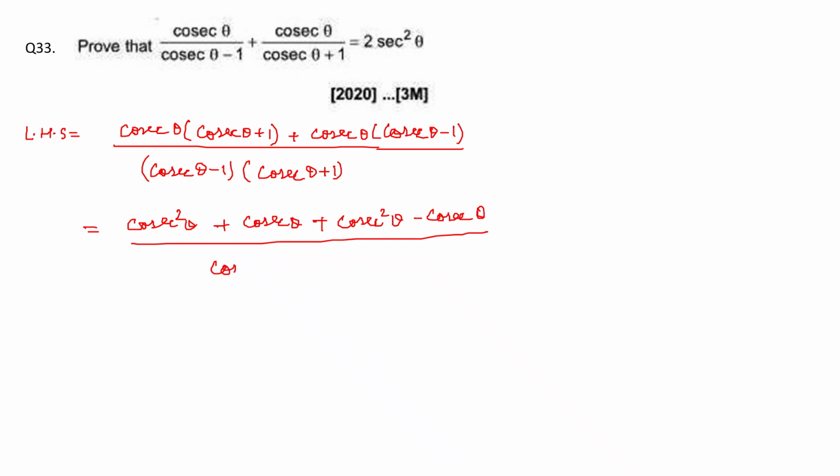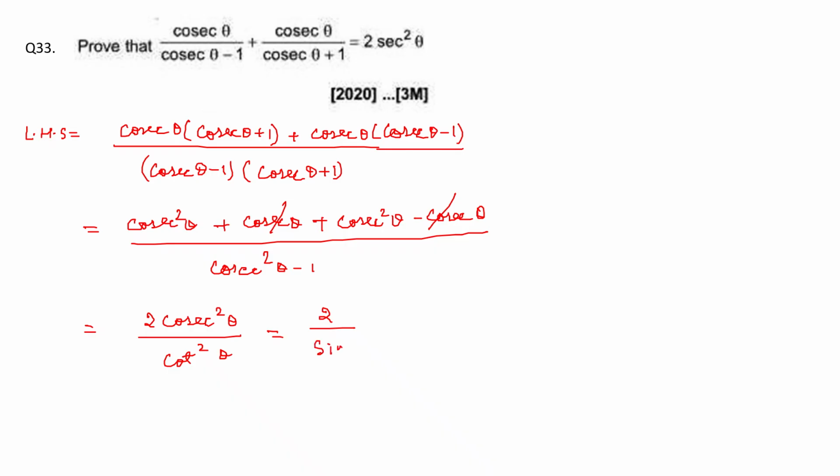See, the denominator is in the form of a minus b, a plus b. So cosec square theta minus 1. So from here it will get cancelled. So it will be 2 cosec square theta, and cosec square theta minus 1, if you use the identity, is cot square theta. Now cosec square theta is 1 by sine square theta.